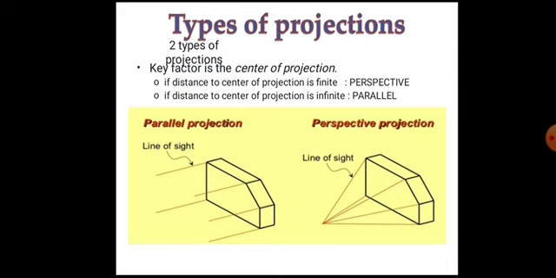Now, perspective projection. If the center of projection is at finite distance from the projection plane, all the projectors meet at the center of projection and they are non-parallel as shown in figure 2. Such a method of projection is called perspective projection.